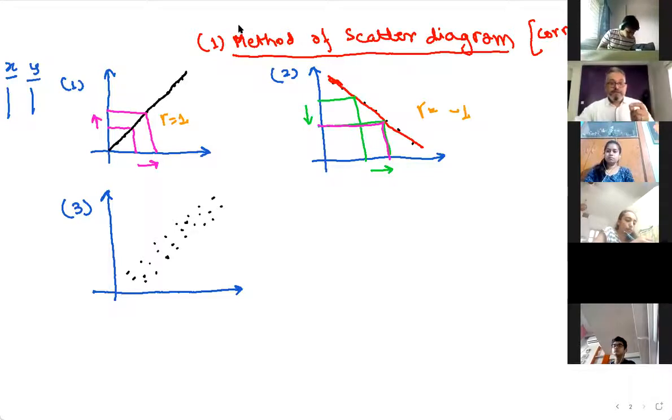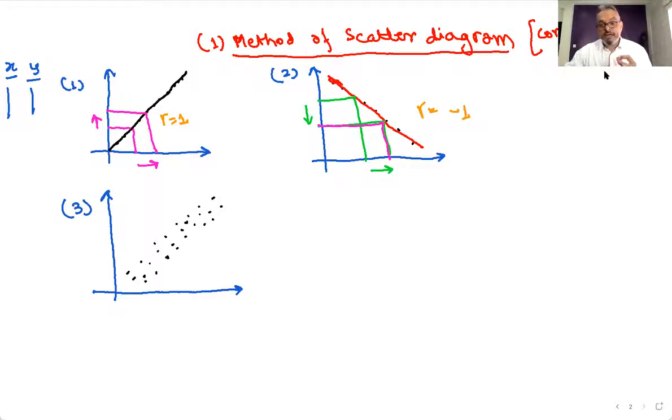No. But we can make out that these are actually moving on the top from left to right, it is rising. So similar to positive, but not exactly positive. Can I say this? Similar to positive but not exactly positive. Did everyone understand? So here we are not able to draw a line which connects all the dots.